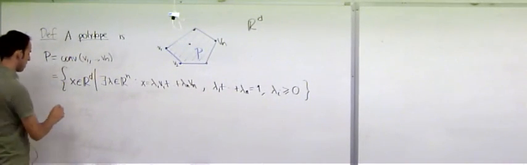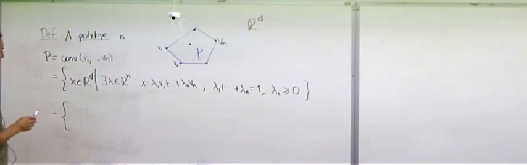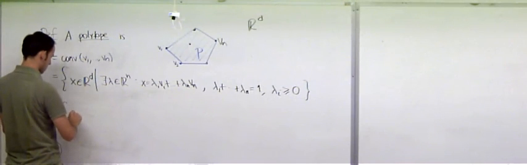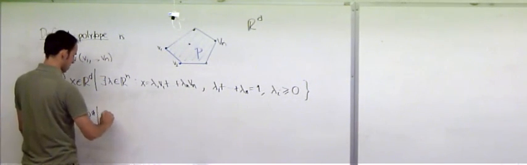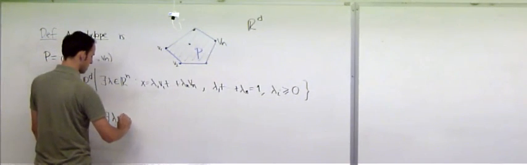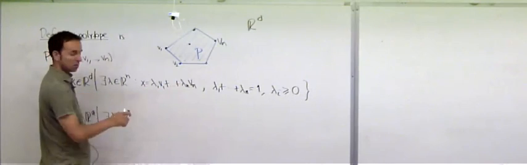Now, let me just say a little bit about notation here. So I can also write this as x in R^d such that there exists lambda in R^n such that, and I can write this as a matrix equation.